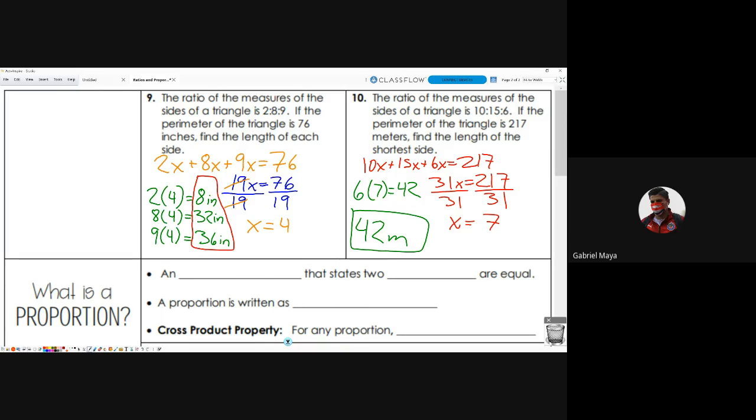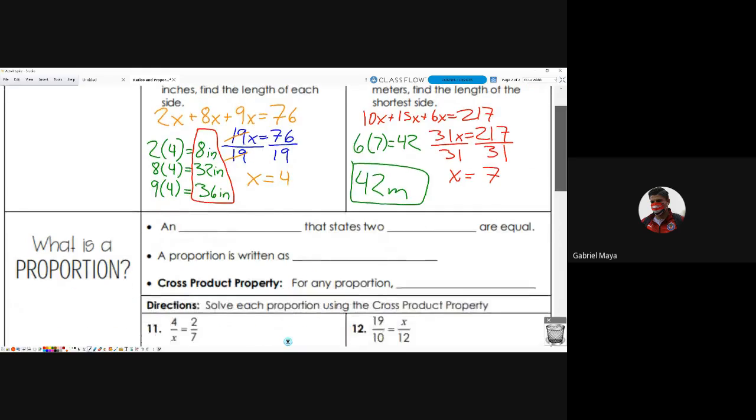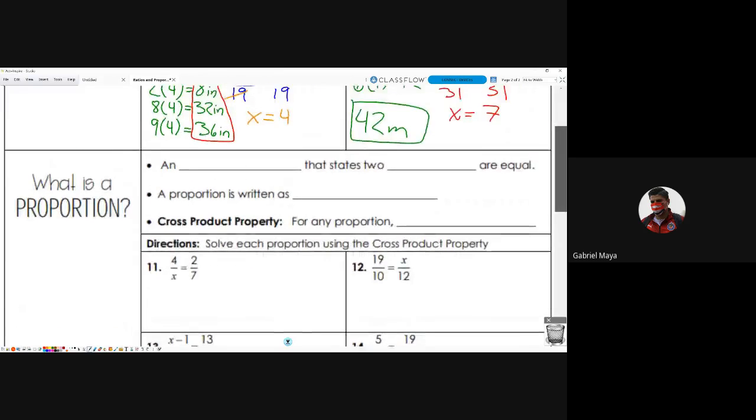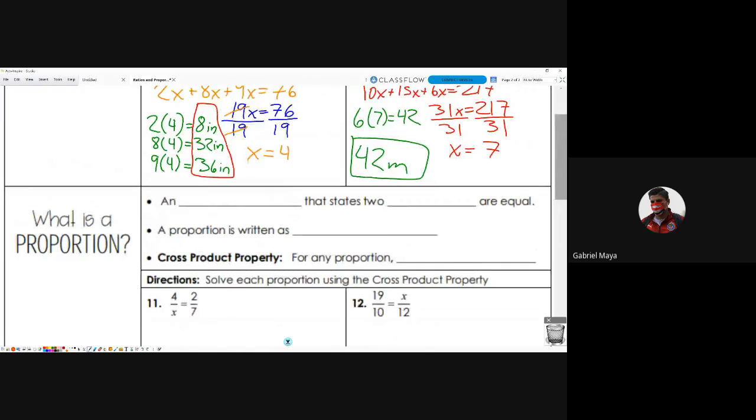All right. So now let's talk about proportions. No, it's not inches. Oh, no, never mind. That's for a different question. Now you got proportions. A proportion.